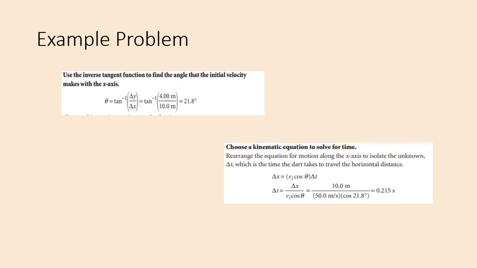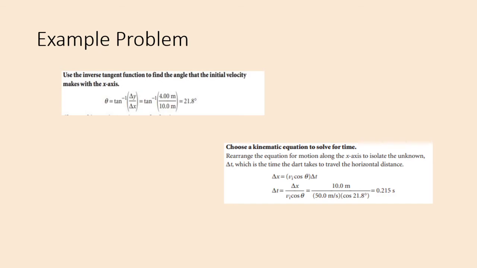We end up with 21.8 degrees. From there, we figure out a kinematic equation to solve for time. We use delta x equals vi cosine theta delta t. We isolate delta t, plug in numbers, and end up with delta t equals 2.15 seconds.